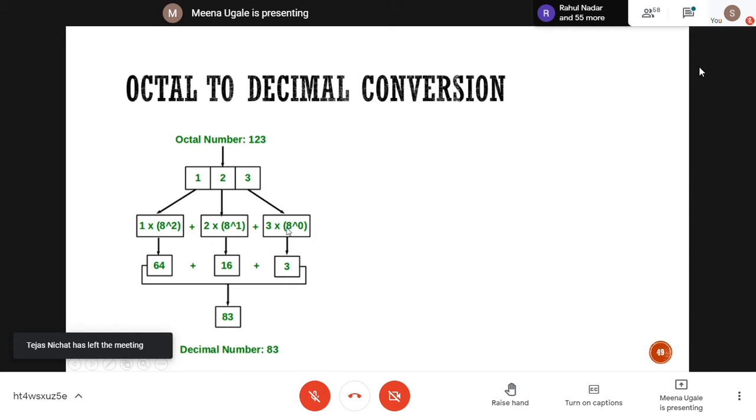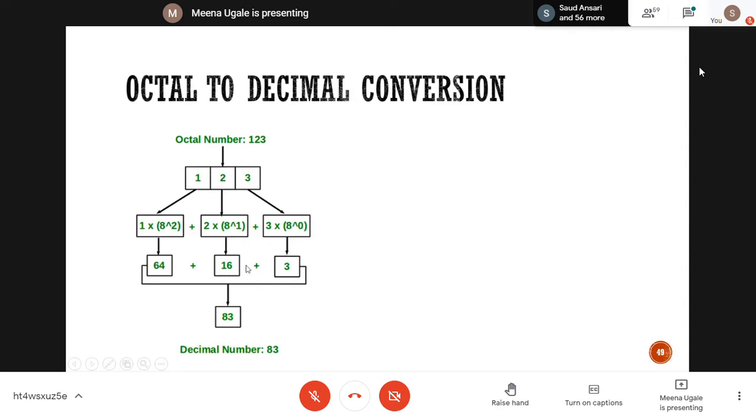So I will be multiplying with 8 raised to 0, 8 raised to 1, 8 raised to 2 onwards. If you remember in binary what we did, 2 raised to 0, 2 raised to 1, 2 raised to 2, it is going in the same way. So I am multiplying 3 with 8 raised to 0, 2 with 8 raised to 1, 1 with 8 raised to 2.